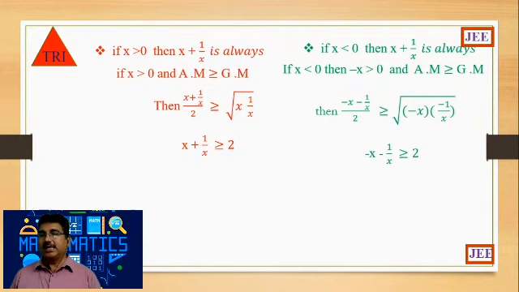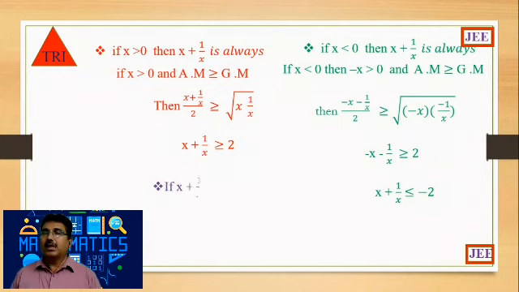Finally, x plus 1 by x is less than or equal to minus 2. Right? If x less than 0, then x plus 1 by x is always less than or equal to minus 2. Observe the difference if x greater than 0 or x less than 0.